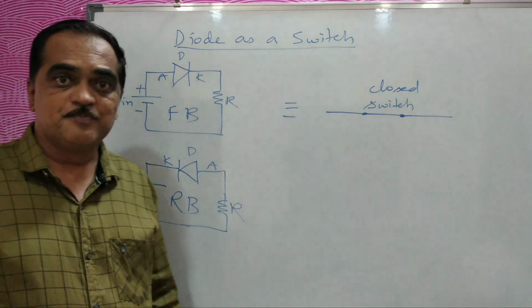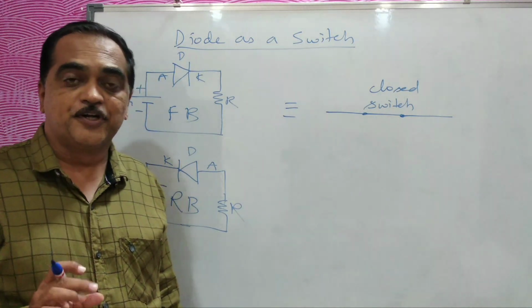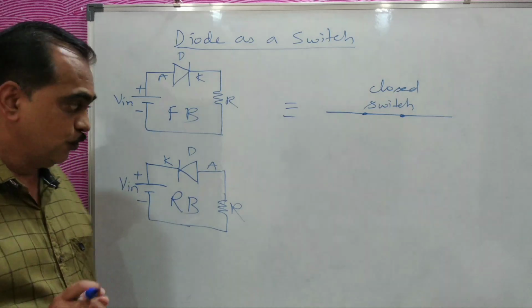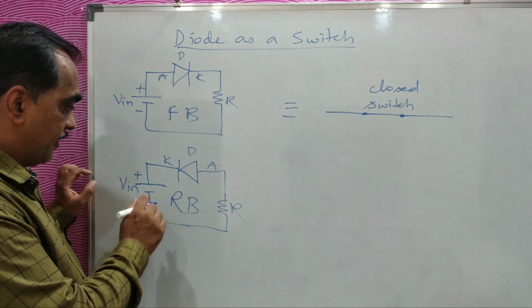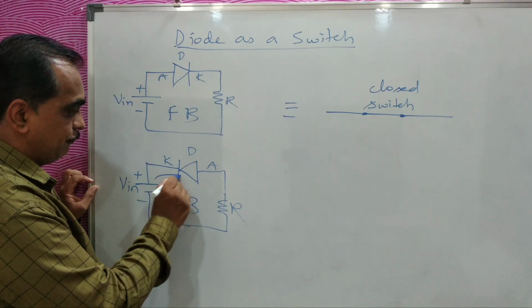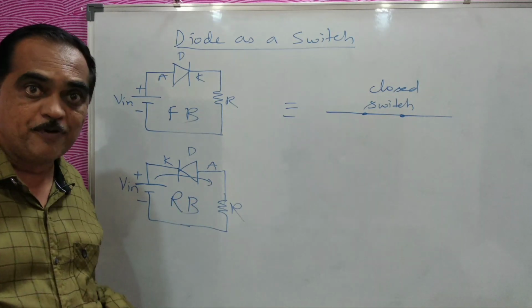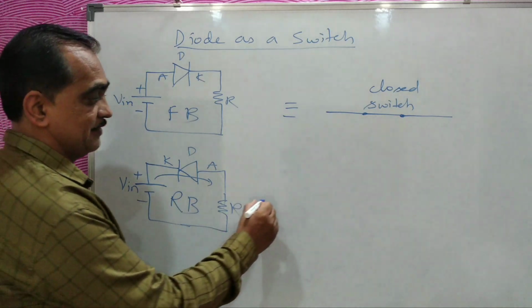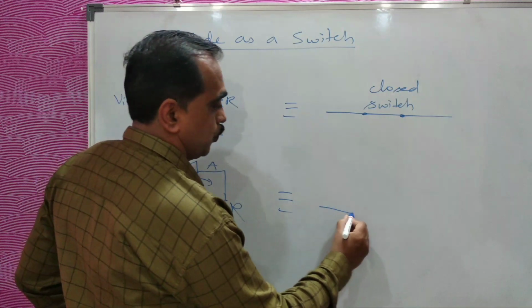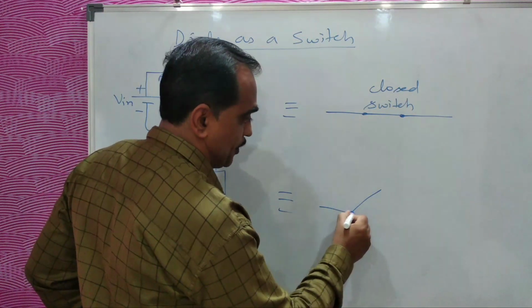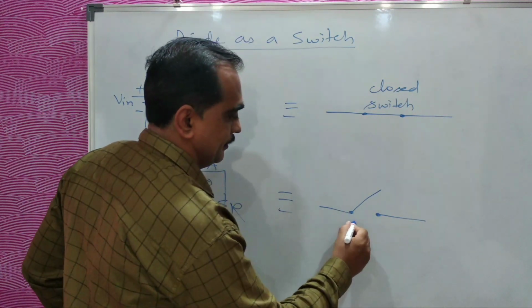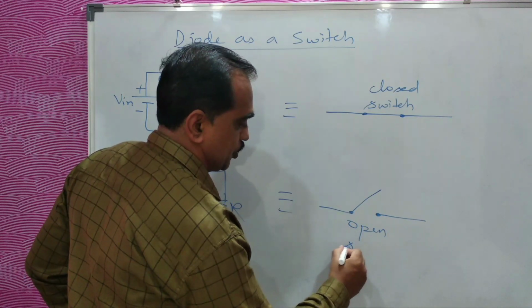When it is reverse bias, there will be no flow of current through the diode. When there is no flow of current through the diode, current is not flowing to the load from the input. That means it is acting as an open switch.